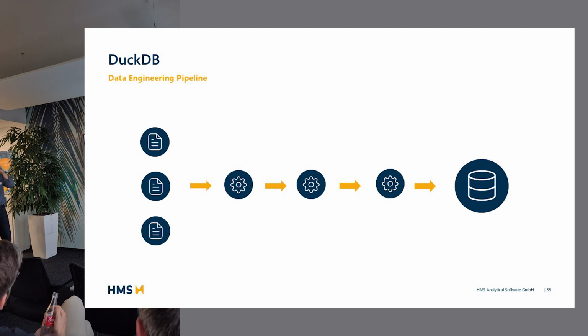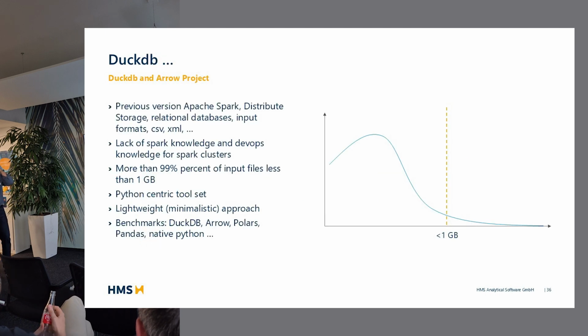The previous version of this pipeline was developed in Apache Spark using Java and Scala. The main motivation to migrate was that, as I tried to illustrate with this graph, most of the data was less than 1 gigabyte.